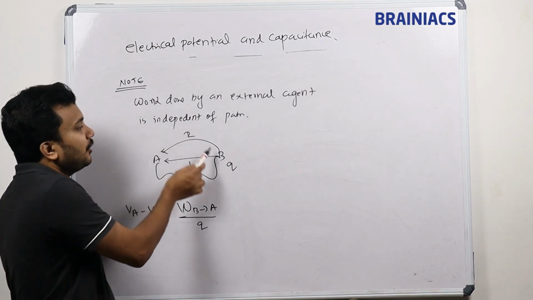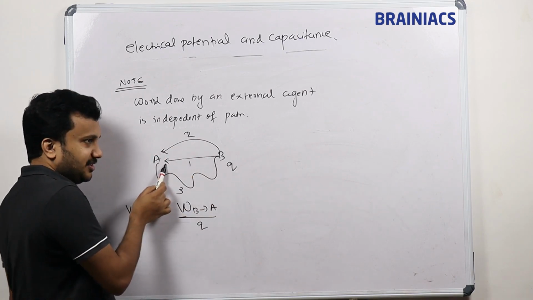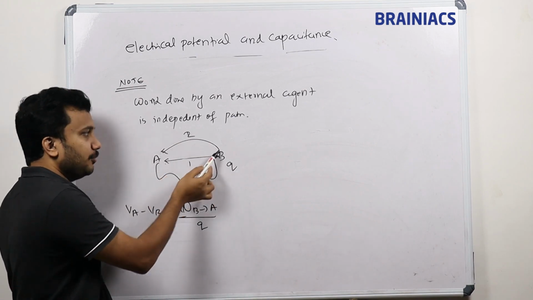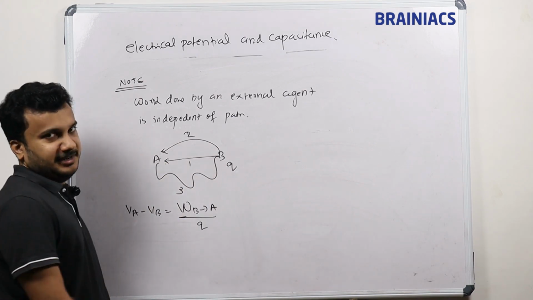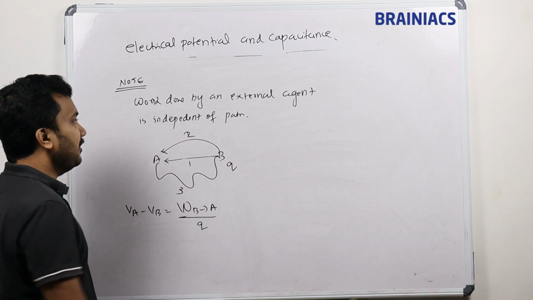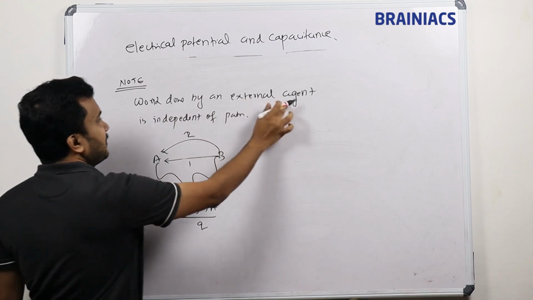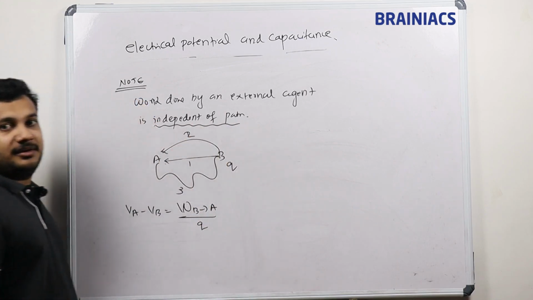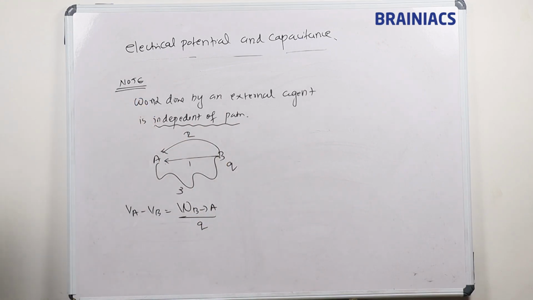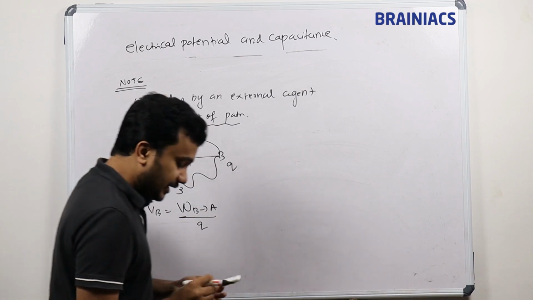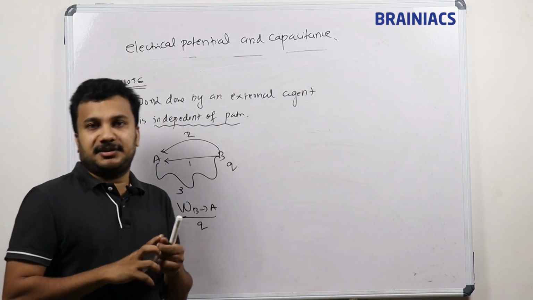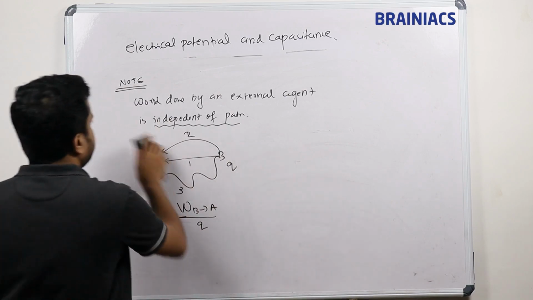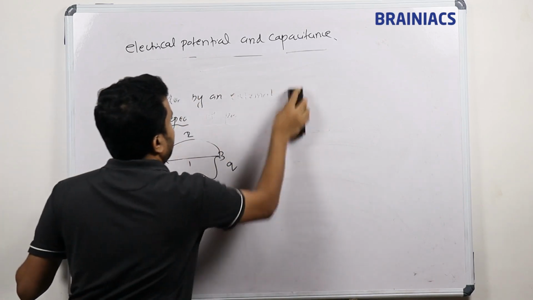It doesn't matter how you move. Whether you move along the shortest distance, which is called displacement, or along a longer distance path, the work is independent of the path. Work done by an external agent is independent of the path. This is quite important. Just a note, an additional point.